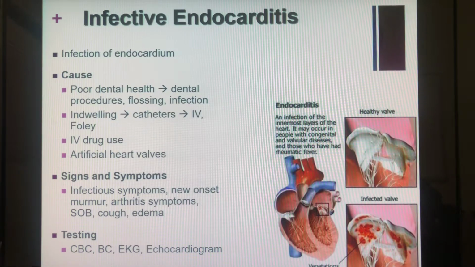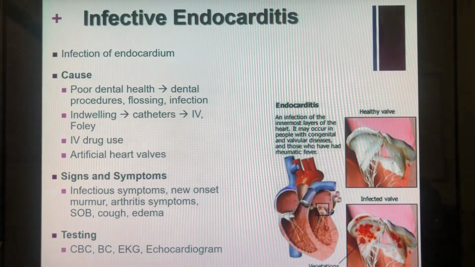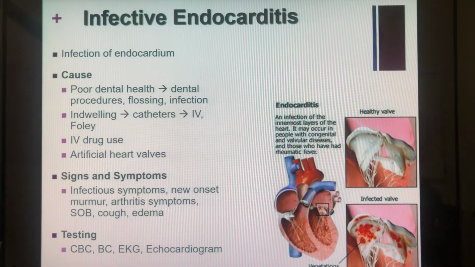Artificial heart valves, for the simple fact that they're not the natural part of the body, and there's always a risk of rejection with anything. Although they're very good about not getting rejected, sometimes they're going to be the focus of some kind of infectious process that happens on the valves too.